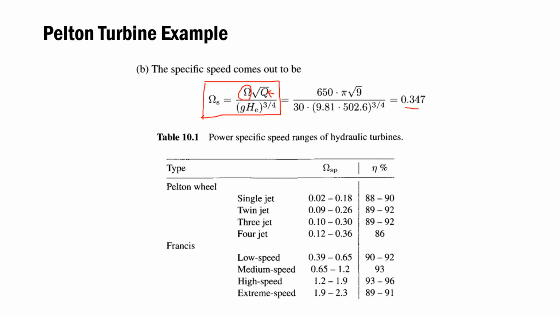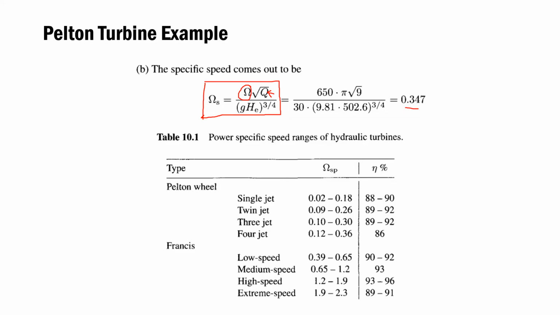We have a table here that shows the power specific speed ranges of hydraulic turbines, usually for Pelton wheel and Francis turbine. Because now we are looking into the Pelton wheel, we want to get the recommended number of jets.